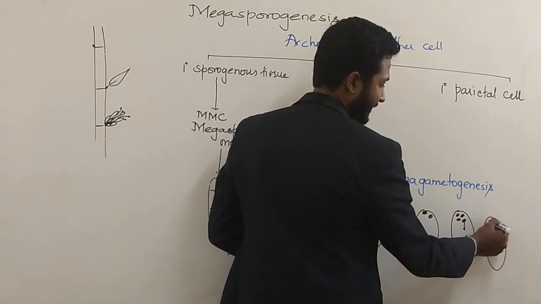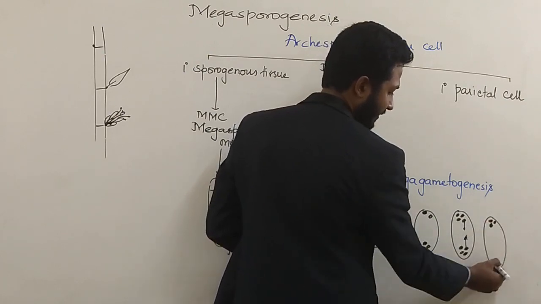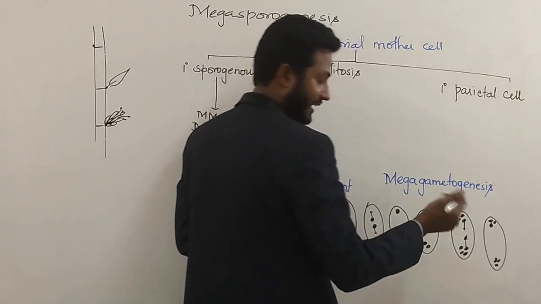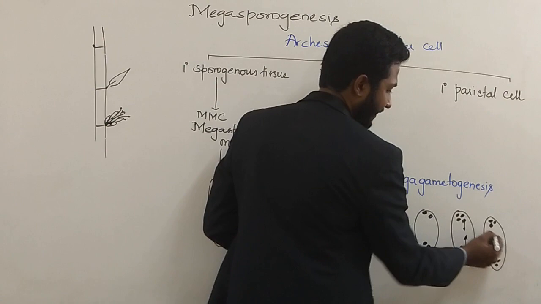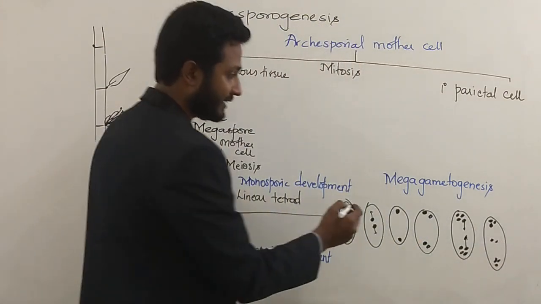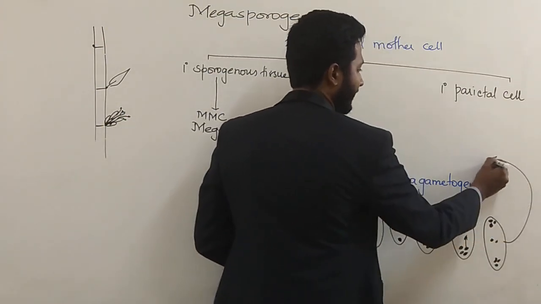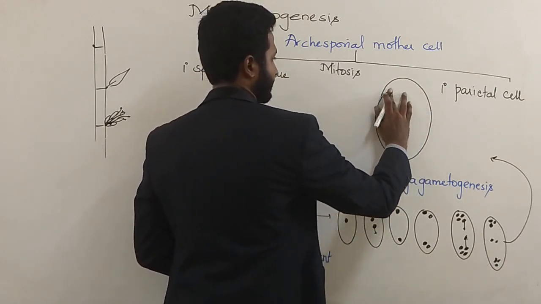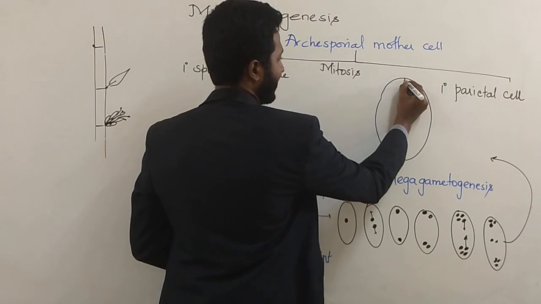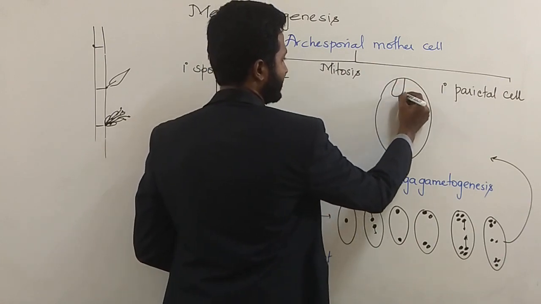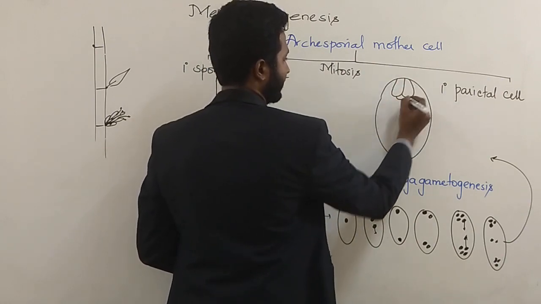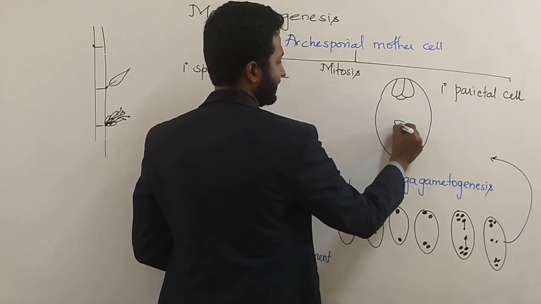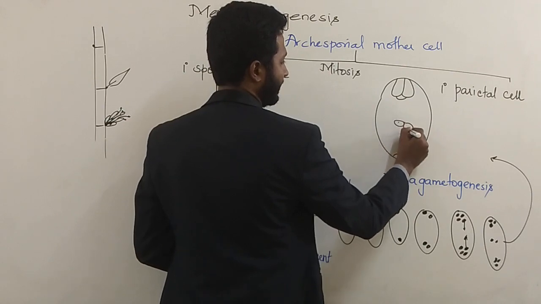So, we have 3 cells on the micropylar end, 3 cells on the antipodal cell end or chalazal end, and centrally we find 2 cells being present. Now this structure is gonna transform into an embryo sac like structure. In the embryo sac, as I told you, you have the egg apparatus towards the micropylar end, antipodal cells towards the chalazal end, and centrally located polar nuclei.